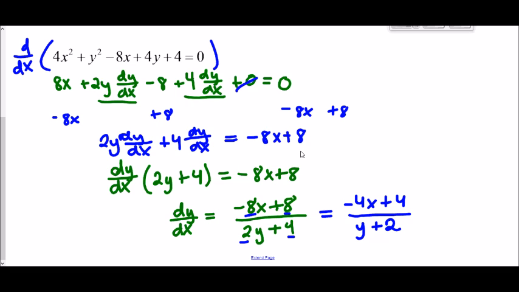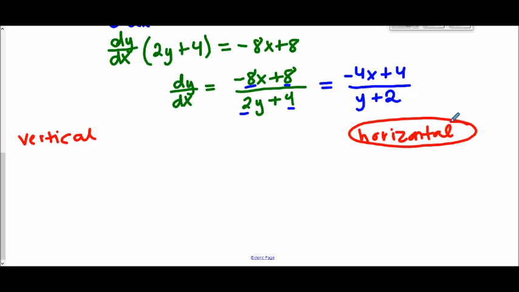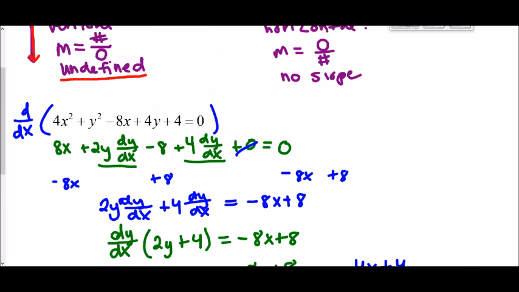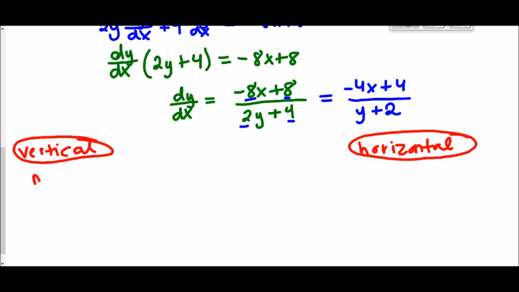So remember, what we're looking for is a vertical tangent line and a horizontal tangent line. Okay. So if we have the slope, a vertical tangent line is when the slope has a 0 on the bottom. So this is a number over 0. Well, our derivative is our slope.